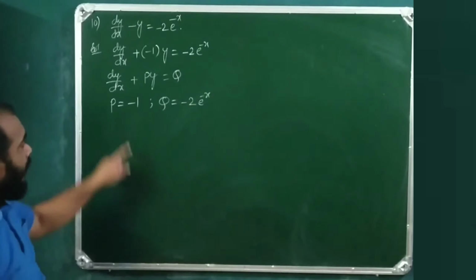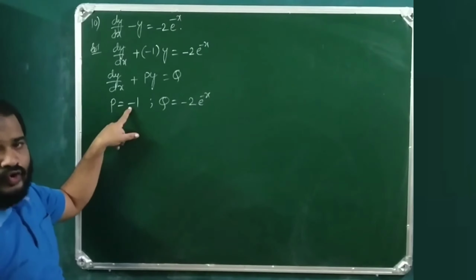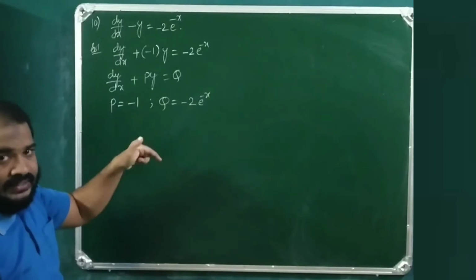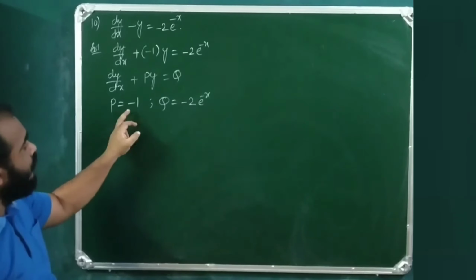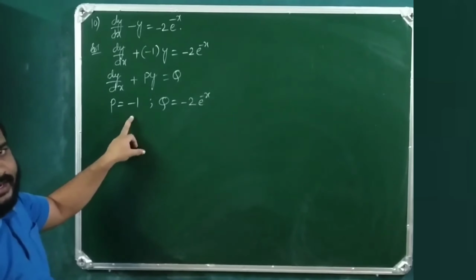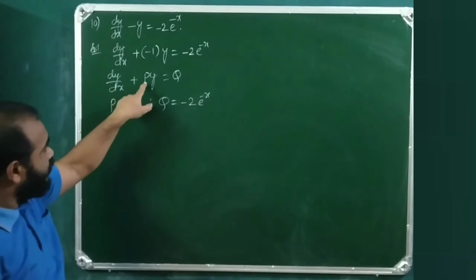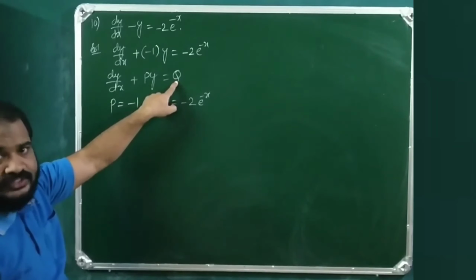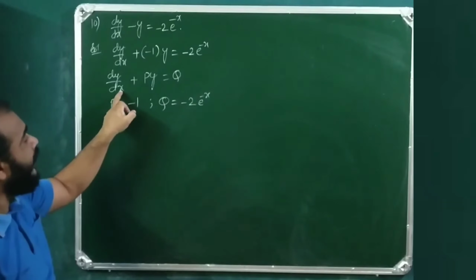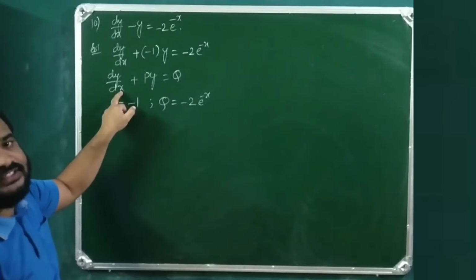So here p is neither x nor y, but with respect to x we have to integrate, because p, q are either constants or functions of the independent variable, which is x.